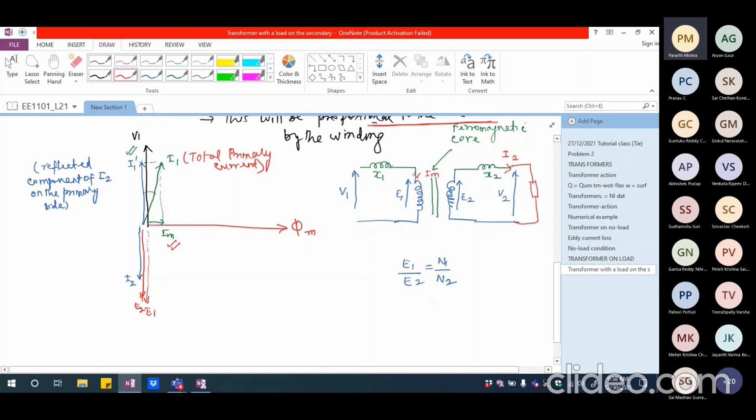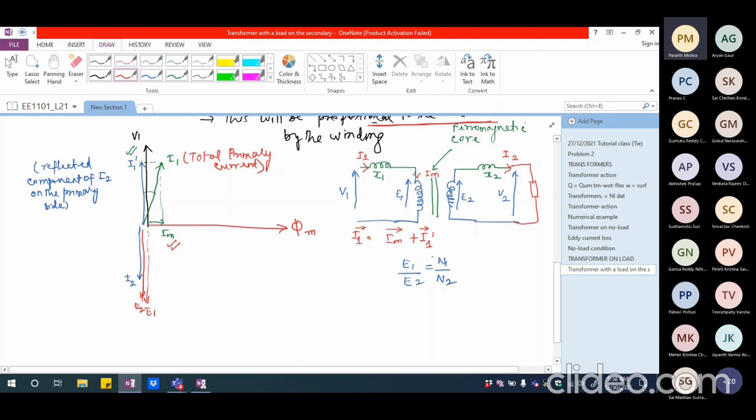But I2 dash plus IM put together, what I will see here is I1. So I1 will be equal to IM, which is 90 degrees lagging from the voltage, plus I2 dash, which is the reflected component from the secondary side into the primary side.